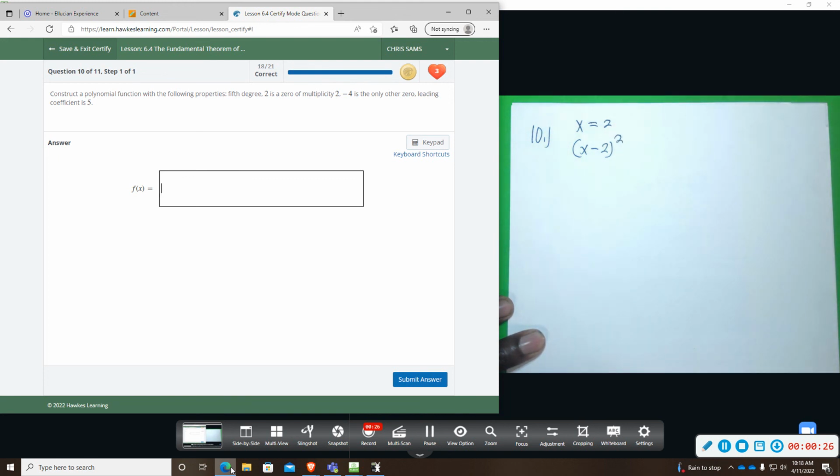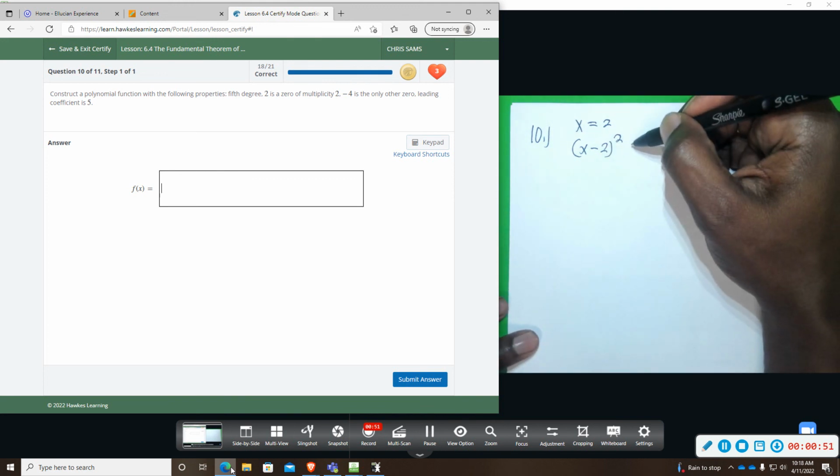And then it says negative 4 is the only other 0. Leading coefficient is 5. And we want to construct a polynomial with the following properties.